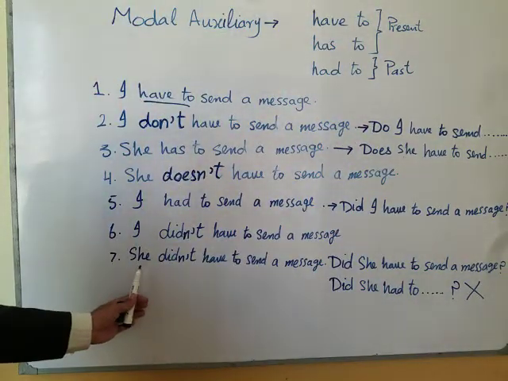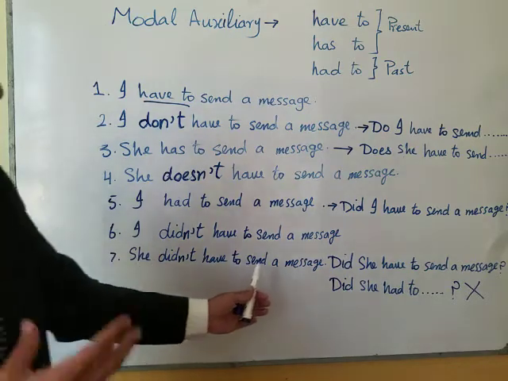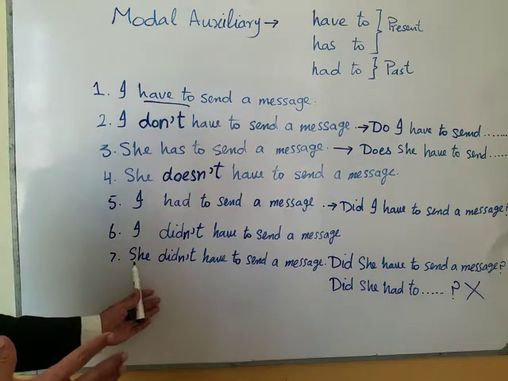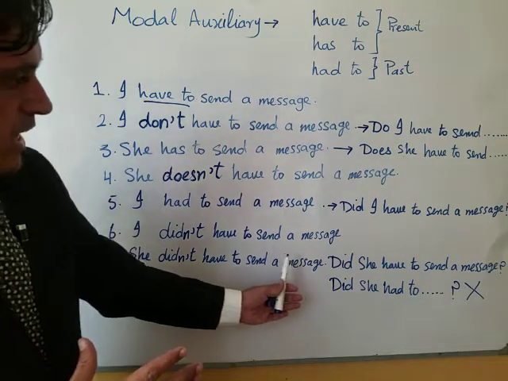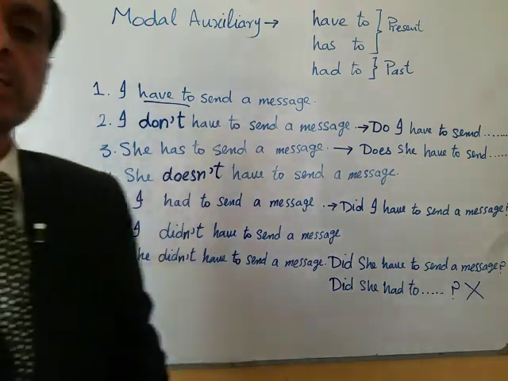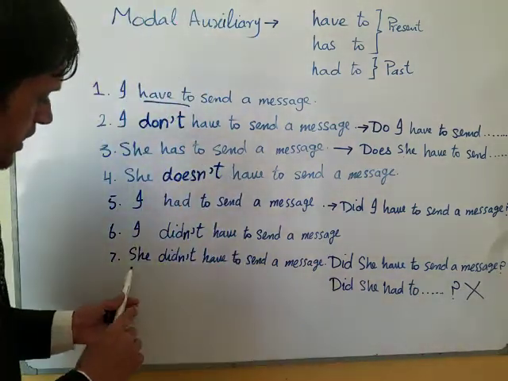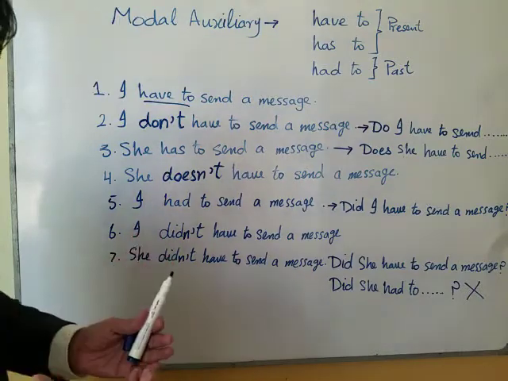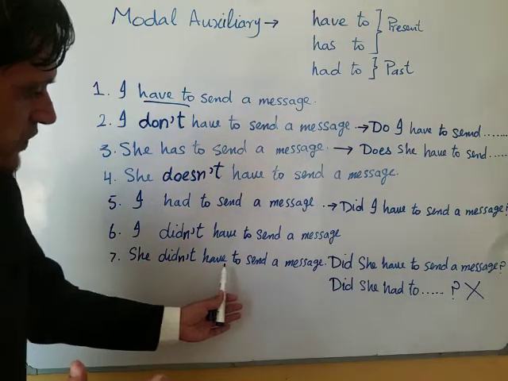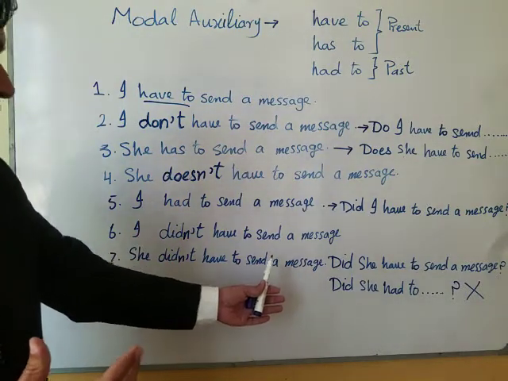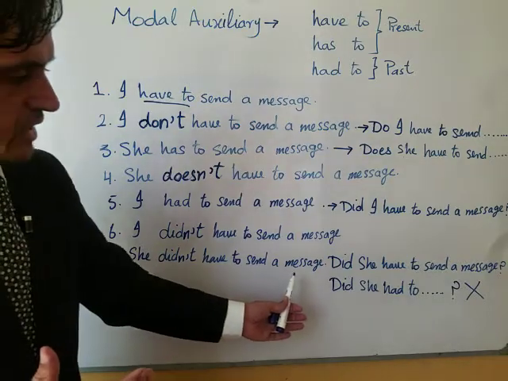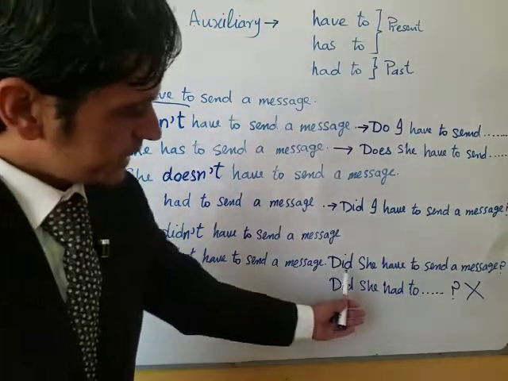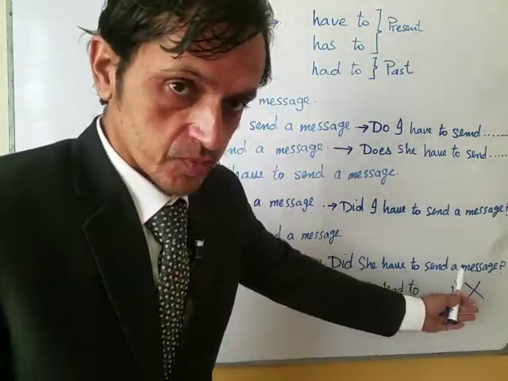For example, if we say she had to send a message, and if you want to make negative, we will say she didn't have to send a message. And if you want to make an interrogative, we will make it did she have to send a message?